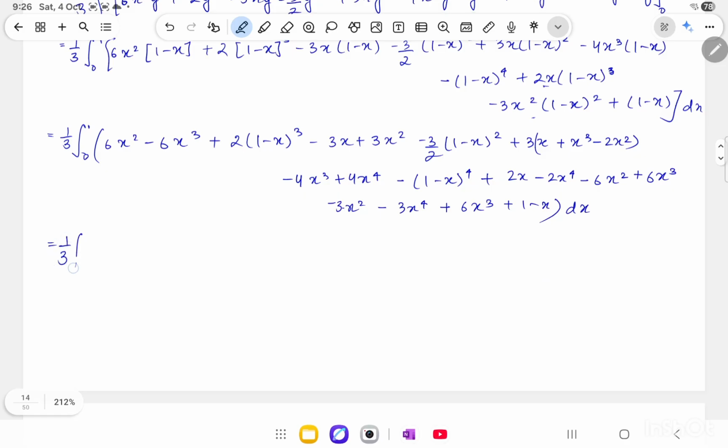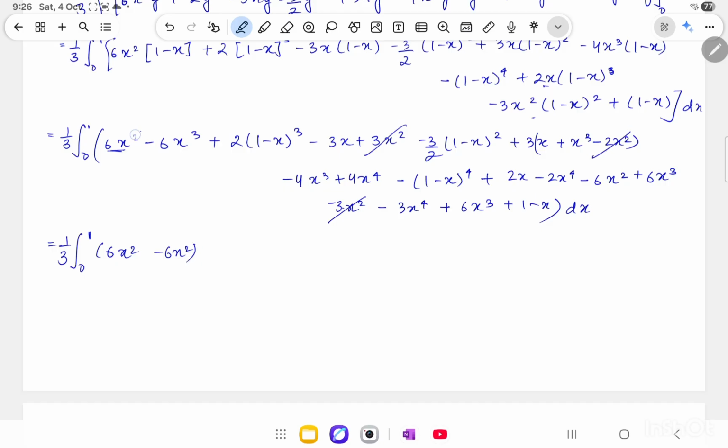Now let's just simplify it. It will be 1 by 3 integration from 0 to 1. So let's just club in the terms with x square. This 3x square balances this one, and the rest will be 6x square from here, and from here it will be minus 6x square.